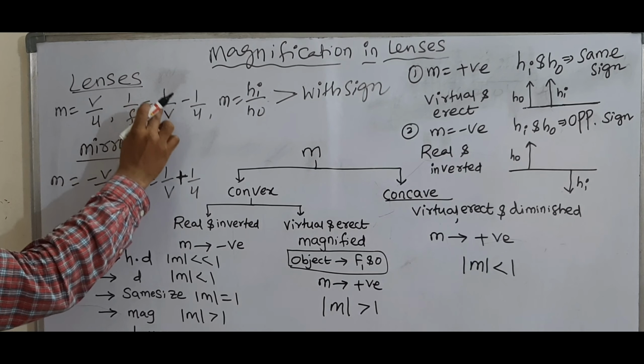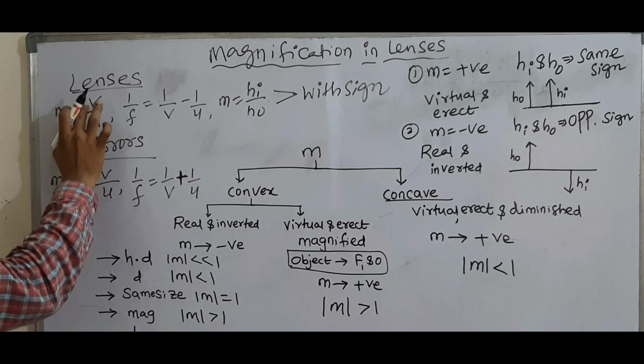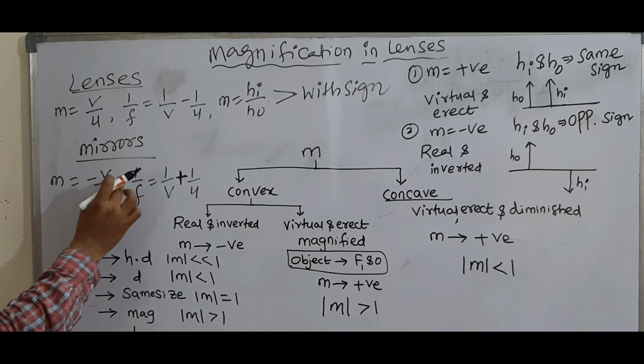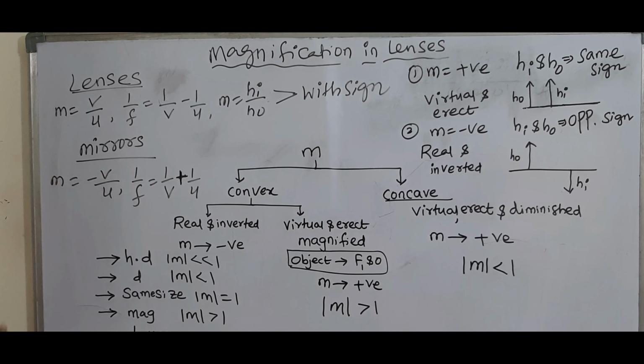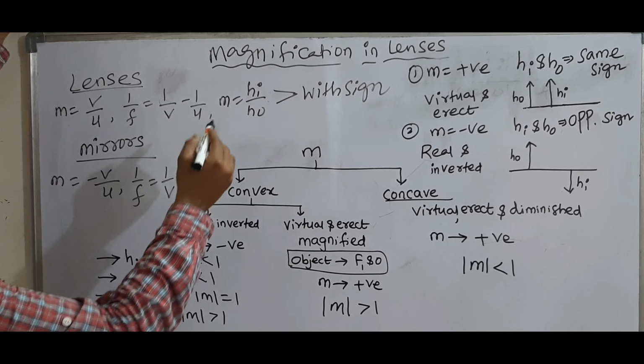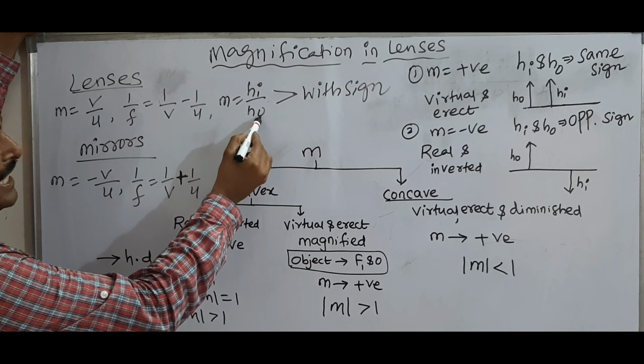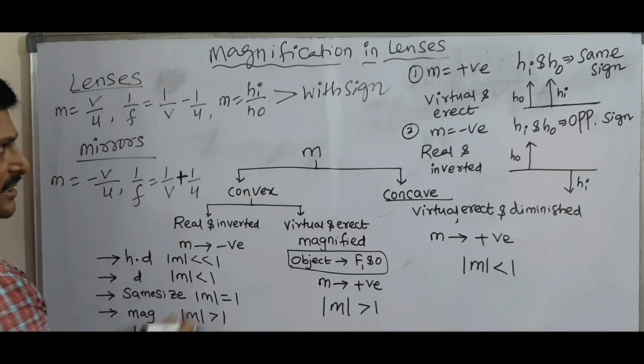So for lenses it is 1 by V minus 1 by U, and magnification is V by U. For mirrors it is 1 by F equals 1 by V plus 1 by U, and magnification is minus V by U. That's the difference. Next, see here, magnification is equal to height of image by height of object with proper sign.